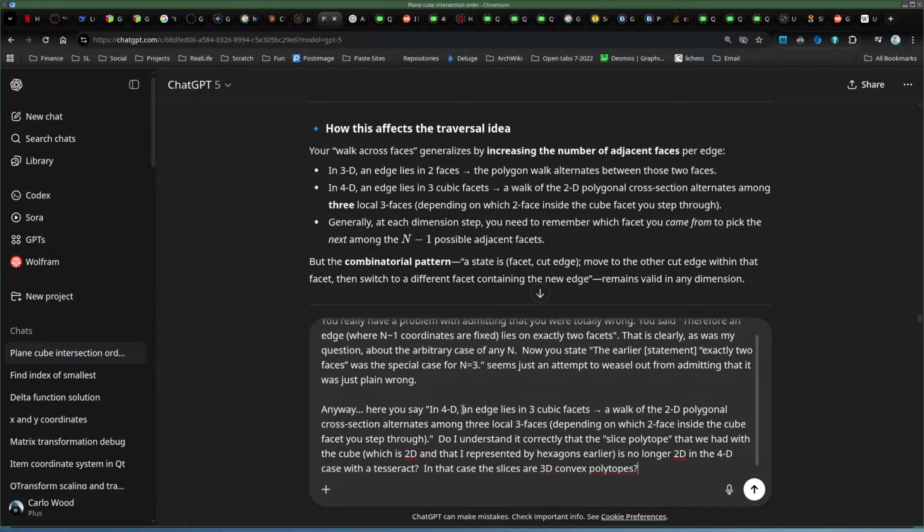So in 4D, an edge lies on 3 cubic facets. A walk of the 2D polygonal cross-section.